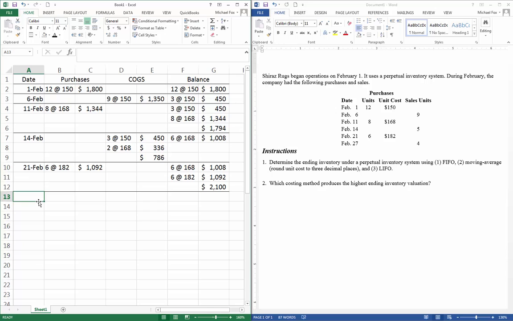And finally, February 27th, we had another sale of 4 units. We're going to assume those are the first or the oldest units, so we sold 4 units at $168. And then our balance will be 2 units at $168 and 6 units at $182.